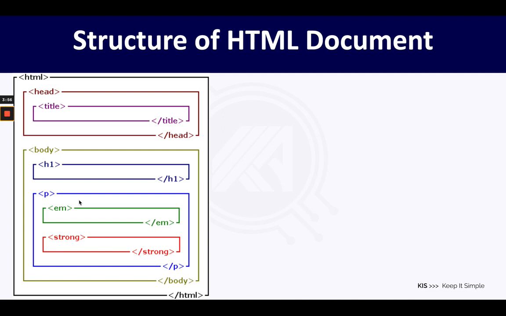So this is what you need to keep in mind when we talk about the structure of an HTML element. Just think of it in terms of head and body. Now, as for the specific elements that go into the head and the body, we're going to look at that in much more detail shortly.